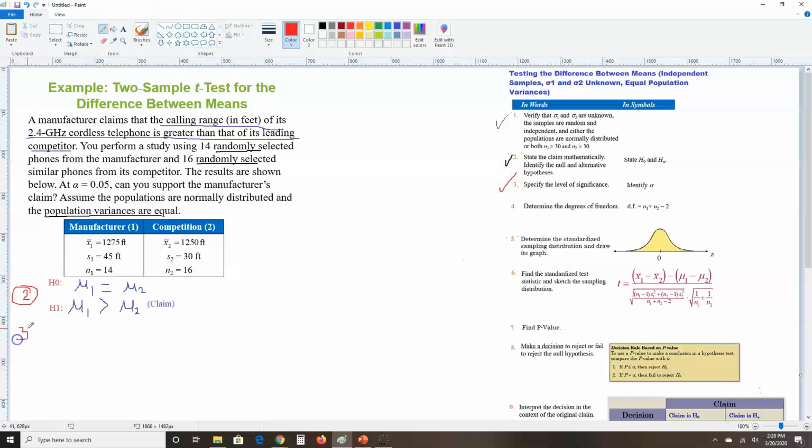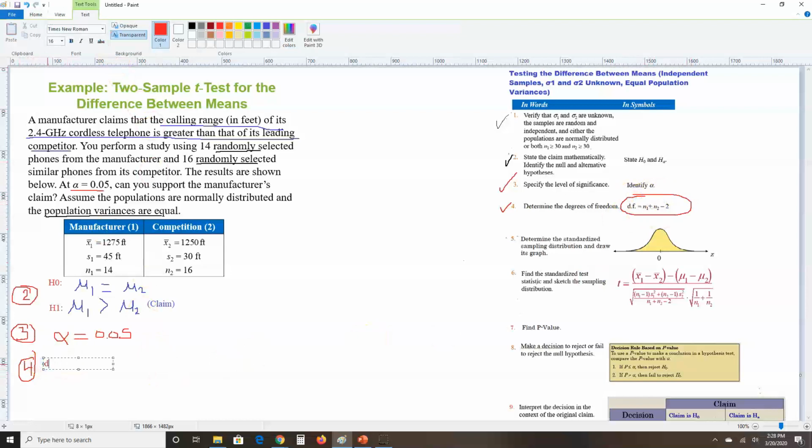Now we go to step 3. We're going to find the level of significance. In other words, how much is alpha? And you can see here, alpha is 0.05. And we did step number 3. Step number 4, we're going to find the degrees of freedom. You can see the formula here. I'm going to type it instead of write it.